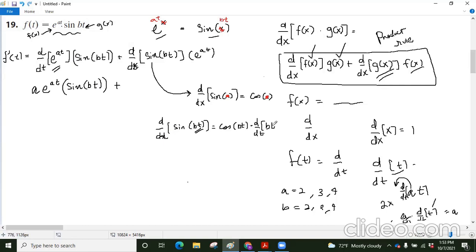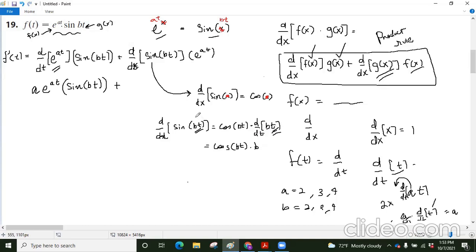So you ask yourself, what's the derivative of bt? I said before we began that b and a are constants, so you can pull the constant out. This is still in your answer, by the way. Then you multiply by the derivative of t. The derivative of t is 1, just like the derivative of x is 1. So it's 1 times b, that's cosine bt times b.